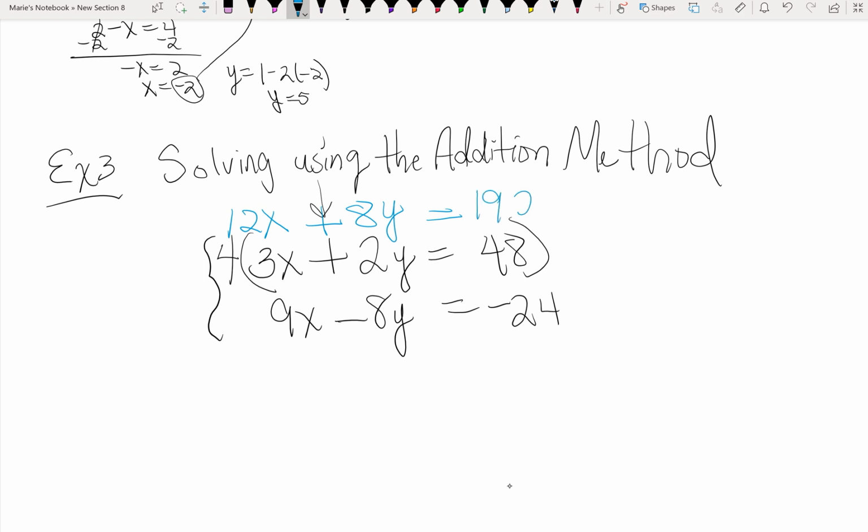Yeah, 192. All right, and so now we're really going to forget about this middle line because we already changed it. We didn't change its value, we just changed it. And now look how cool. This will cancel with this. You don't have to worry about that middle.